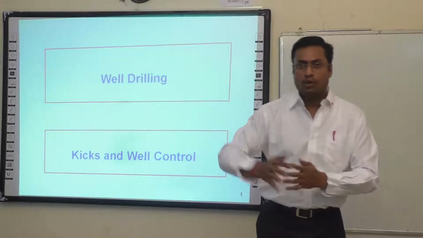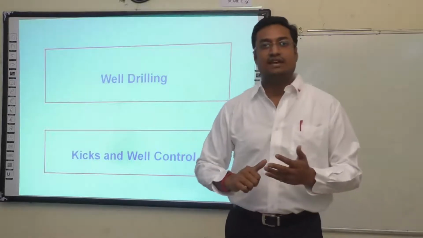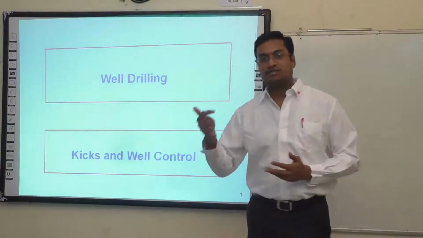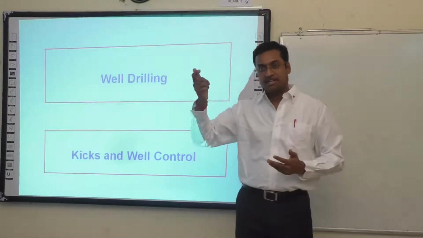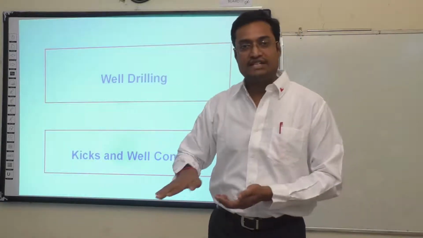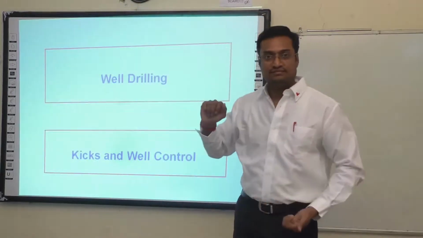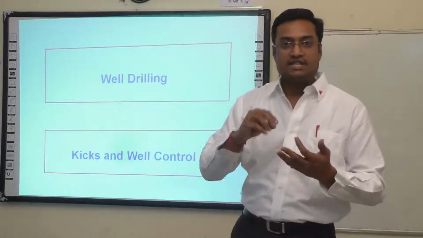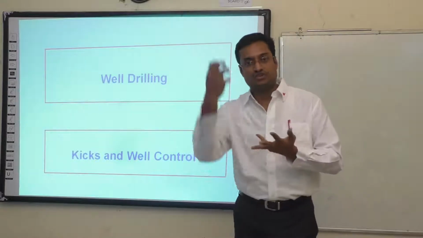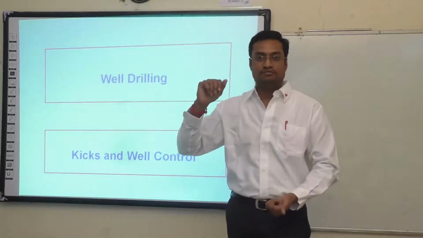Okay. Now what are the different pressures we are going to see in drilling, specifically in petroleum engineering? First, we talk about hydrostatic pressure. Hydrostatic pressure is nothing but the force exerted by the fluid column because of the height. So the hydrostatic pressure is dependent on the density of the fluid, the gravitational force acting on the fluid, and the height of the liquid column.